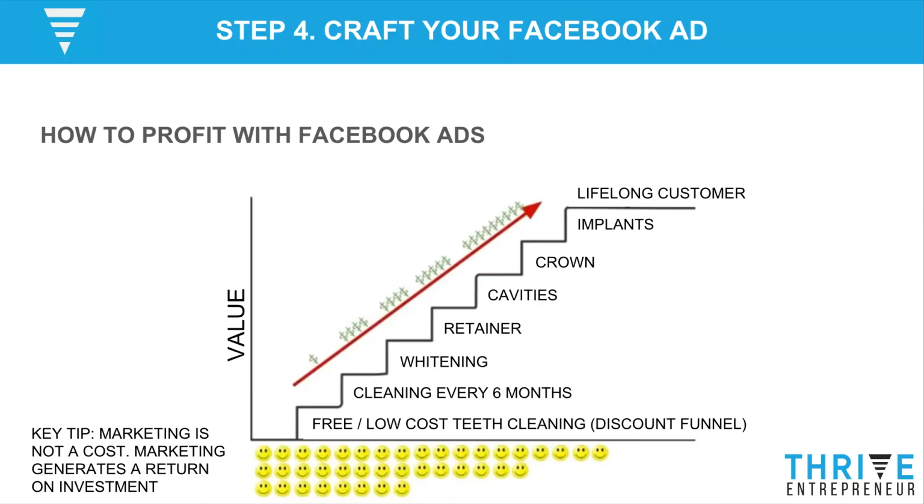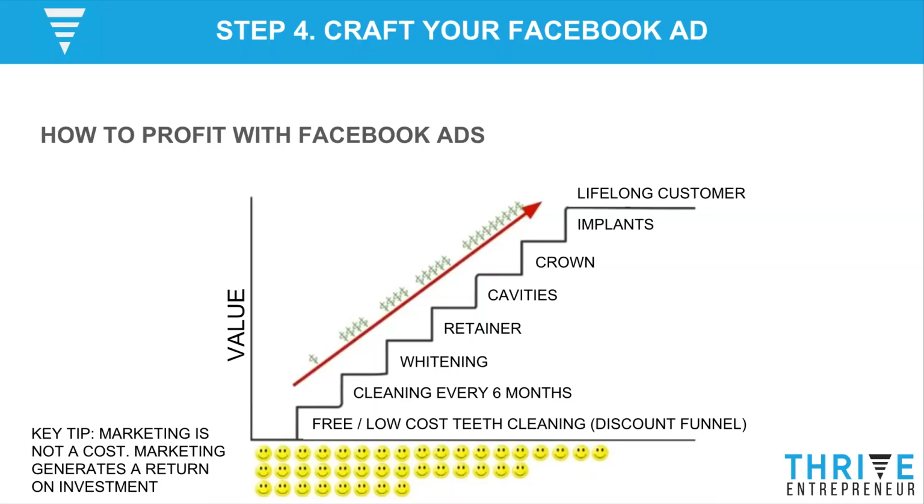So in the example here, we've got a dentist example. We've got the amount of value delivered on the left, and then we've got the amount of people that grabbed the voucher on the bottom, the little smiley faces. Now in this particular example with this ladder, the offer was a free or low cost teeth cleaning from this dentist using our crazy discount funnel.